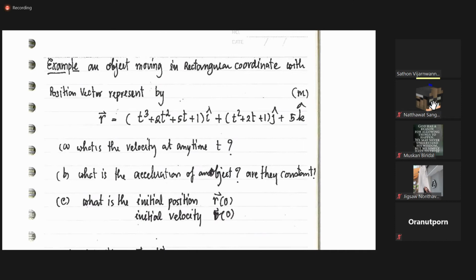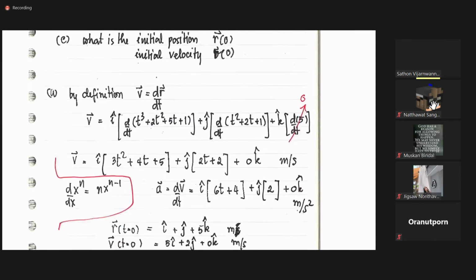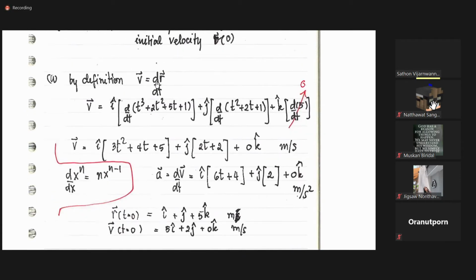Okay, this is a little bit difficult. By definition, the velocity is dr by dt. So you can plug it in.